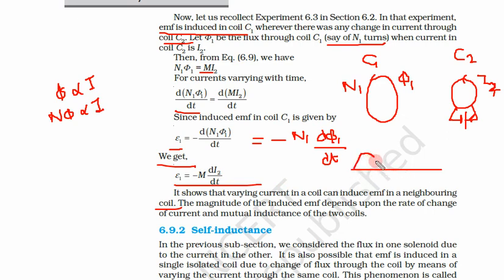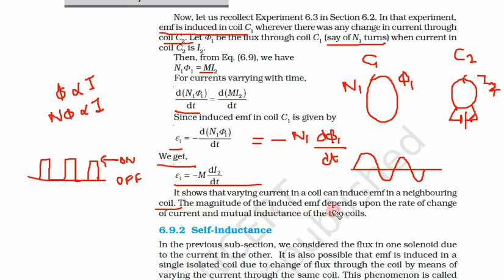Either there is an AC current, which is changing with time, or we have a switch: increase, then 0, increase, then 0. So this is the on position of the switch, and this is the off position. So this is also varying with time. As time passes, we switch on, switch off, switch on, switch off. So current is changing with time, and that change in current is producing the EMF.